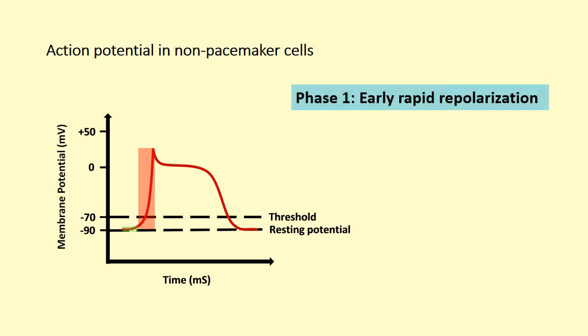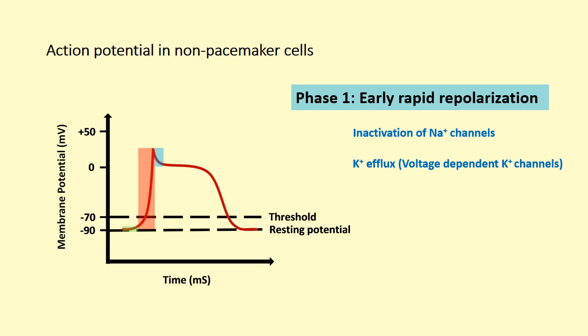In phase 1 or early rapid repolarization, which follows phase 0, sodium channels become rapidly inactivated and the flow of sodium ions decreases. Moreover, voltage-dependent potassium channels open rapidly and potassium ions leave the cell.